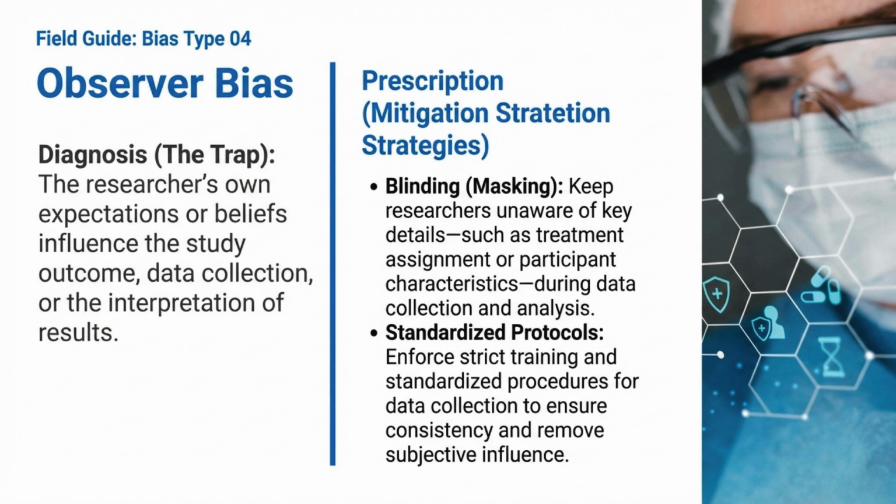Keep the researchers unaware of key details, such as which participant is receiving which treatment or their specific characteristics. Additionally, implement standardized protocols. Enforce strict training and standardized procedures for data collection. If everyone follows the exact same script and measurement technique, you remove subjective influence and consistency reigns supreme.